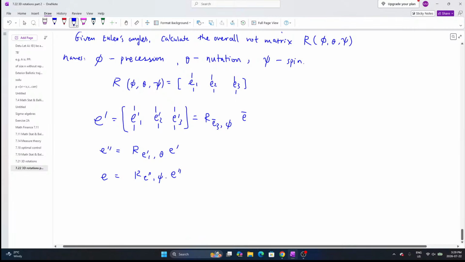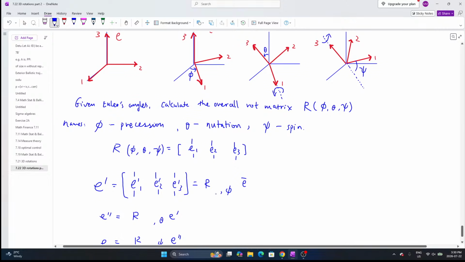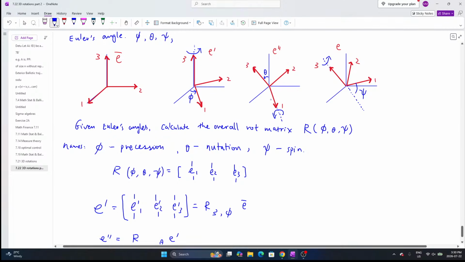So there you go. Together, E is, actually here you can simplify notation. The first rotation axis is just 3. And the second rotation axis is 1.